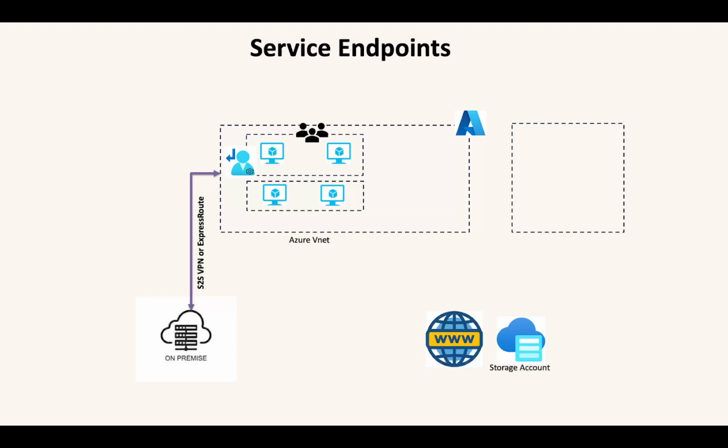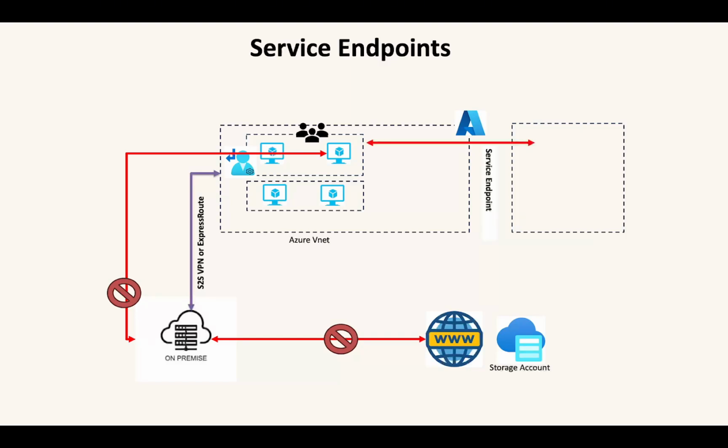Now, you create something called a service endpoint. What this essentially does is it allows VMs to connect to the storage account via the Azure backbone network rather than traversing the public internet. This keeps your traffic secure and internal to Azure. Taking our earlier example, if we had redirected all the traffic back to on-prem, the service endpoints ensure that any traffic heading towards a PaaS service, like a storage account, would now flow directly through the Azure backbone, bypassing the internet altogether.